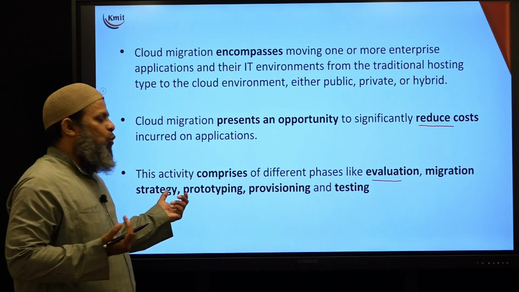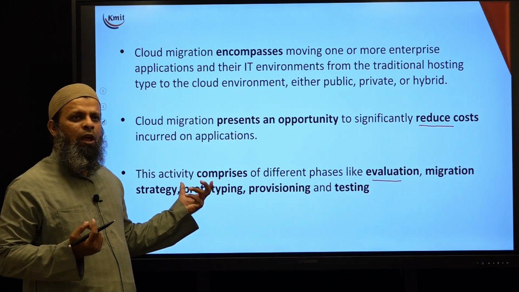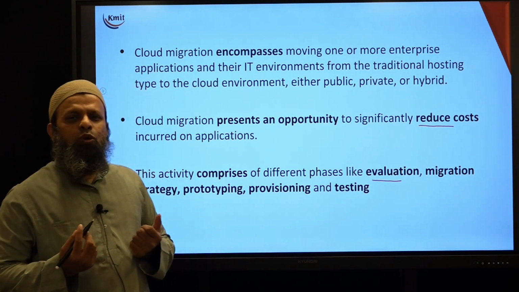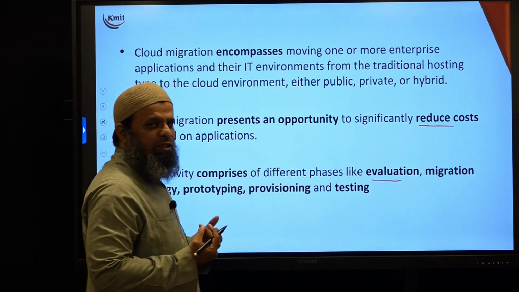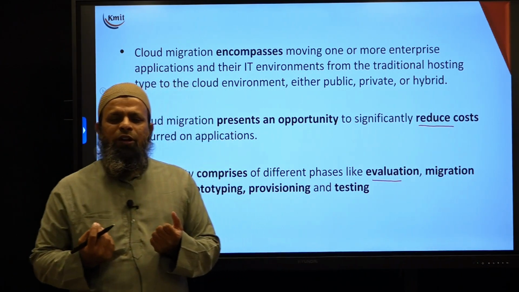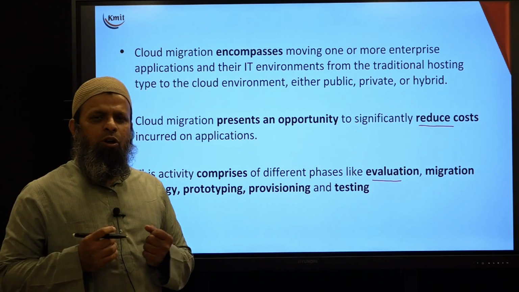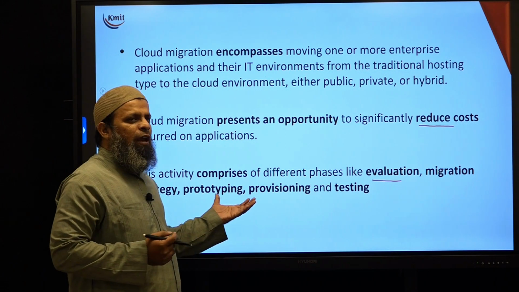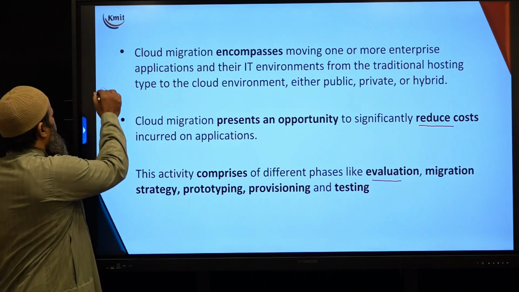Prototyping checks whether the applications are working properly on cloud. Once it is installed there, they need to check what resources are required, that is, provisioning should be checked. And once everything is installed on the cloud, the organization needs to check whether the application put on the cloud is working properly or not. These are the phases involved in migration of an application to a cloud. We will see them one by one.